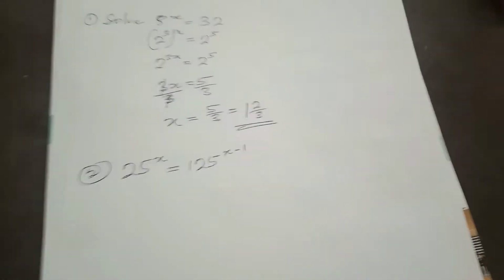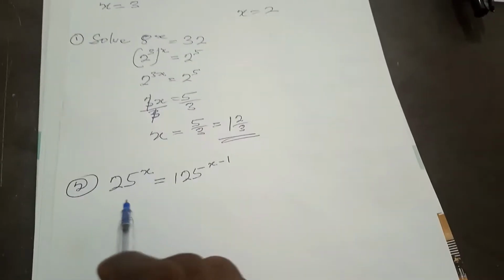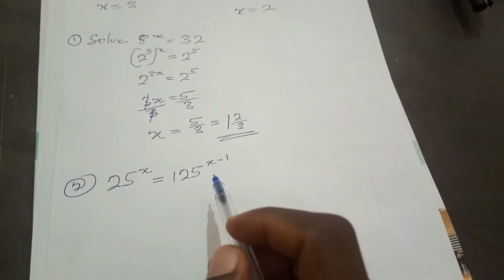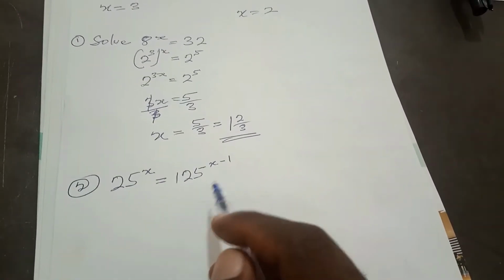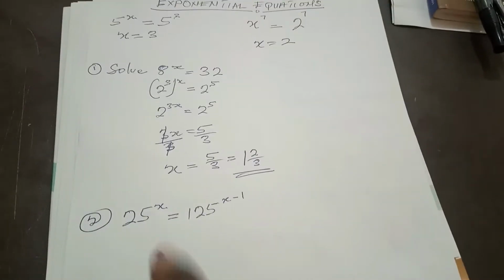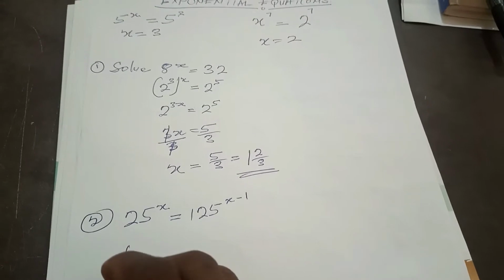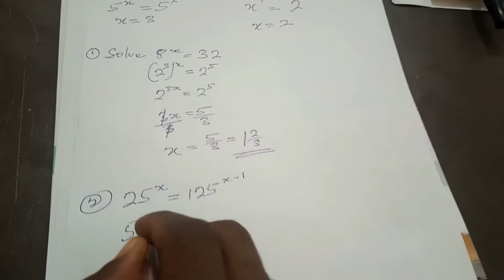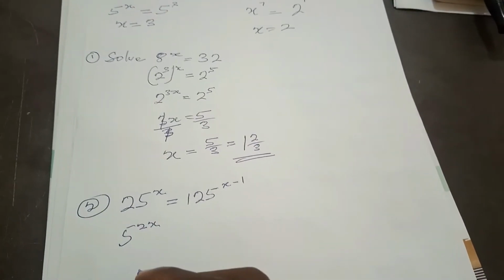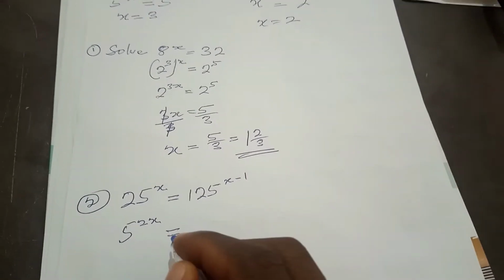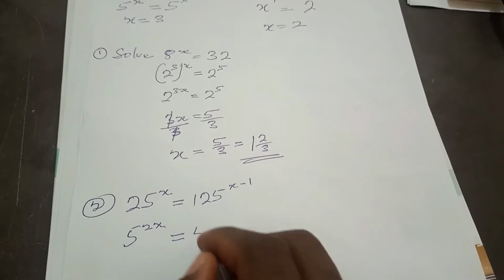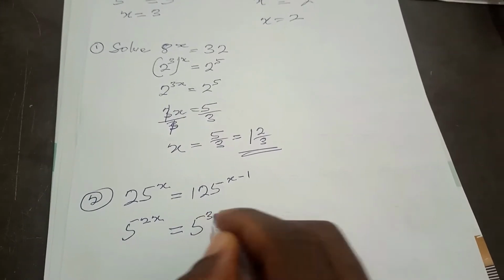We are trying to make the base of this 25 and 125 the same. So here, what will be the common base? Good, the common base will be 5. So 25 here is 5 squared, and the 2 times the x at the top will give us 2x. 125 is 5 cubed.